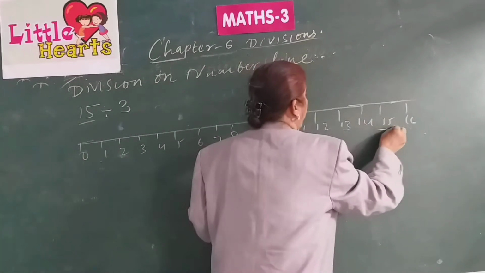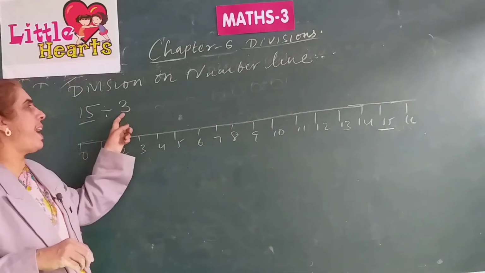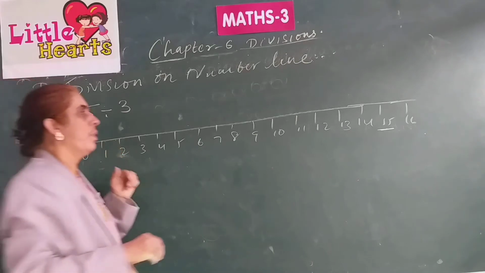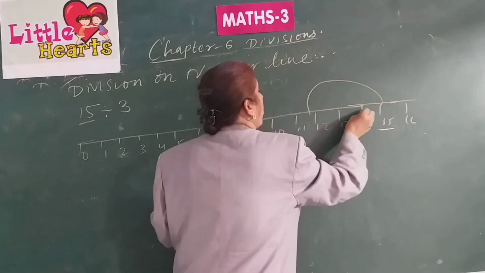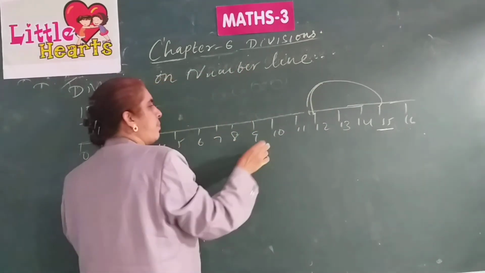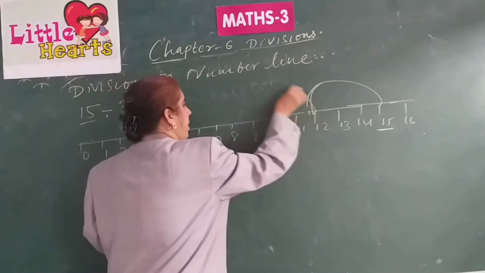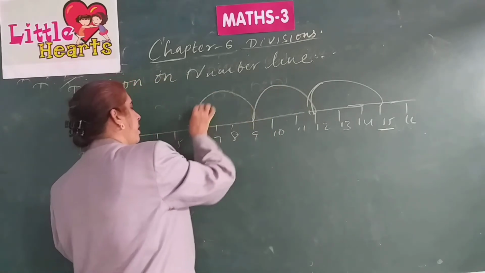Underline the number 15, and take 3 steps backward until you get 0. 1, 2, 3. Again 3 steps backward. 1, 2, 3.